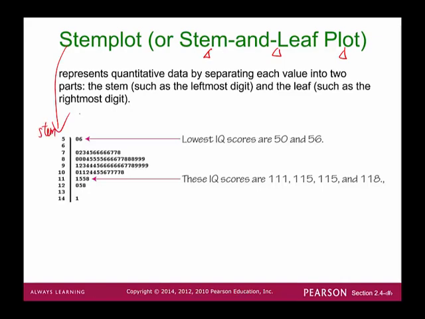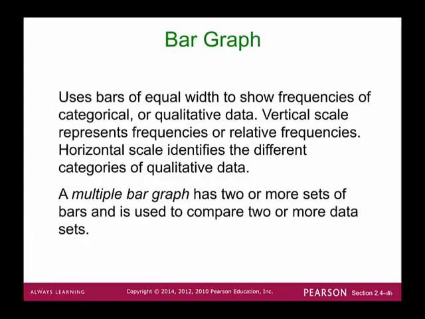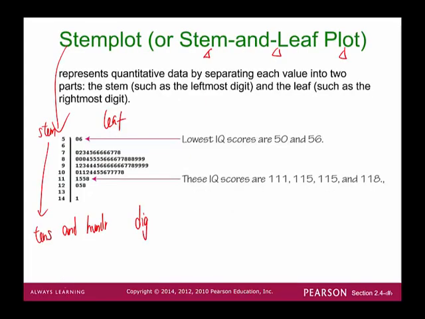On the stem part, usually it's the tens and hundreds digits. On the leaf side, it's typically 1 digit.